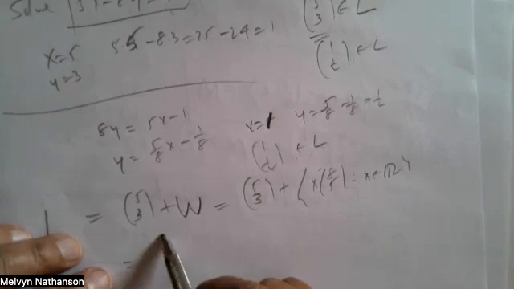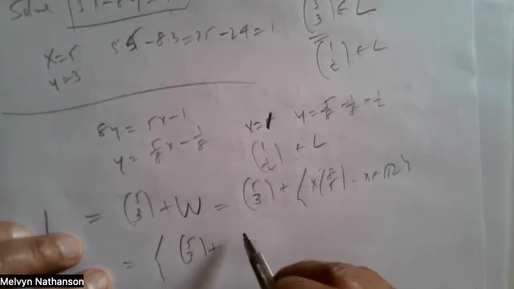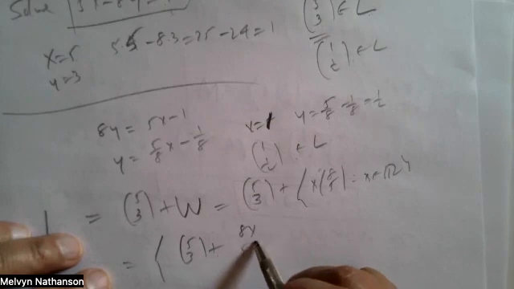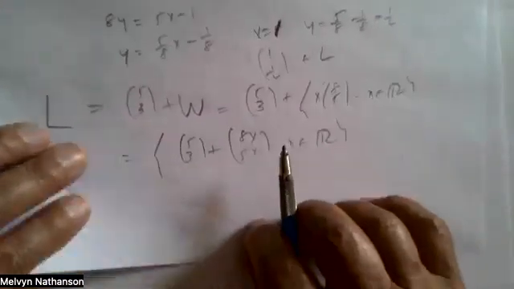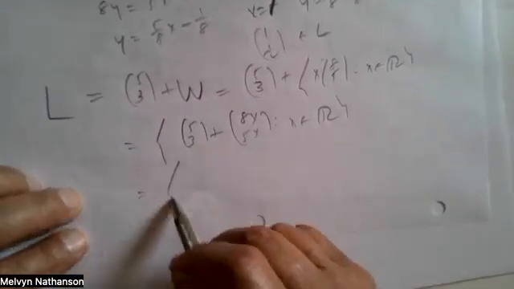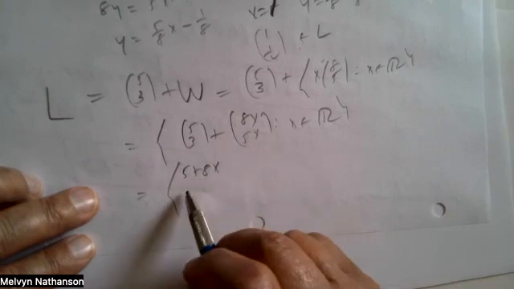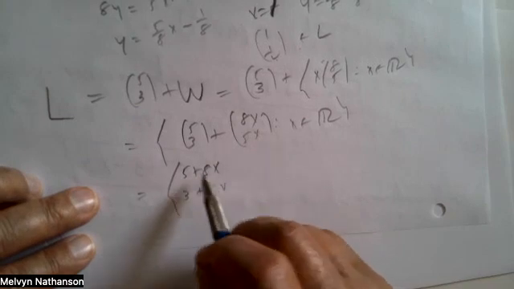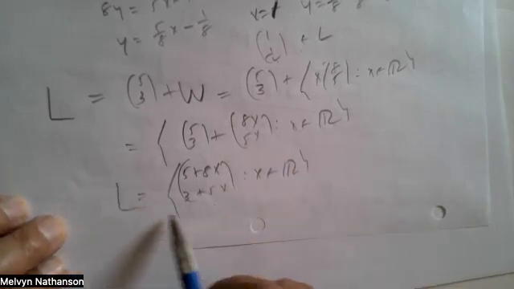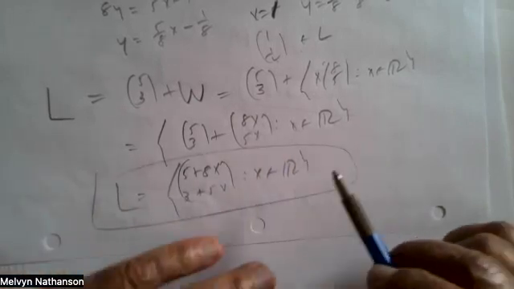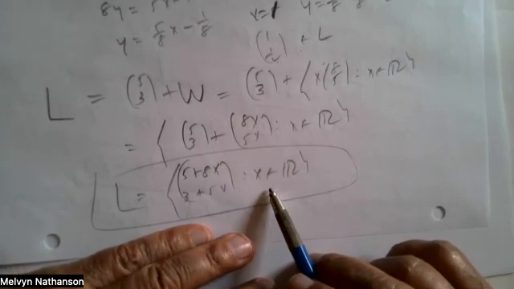So this is equal to the set of all vectors (5, 3) plus (8x, 5x) for x in R. Or I can write this as (5 plus 8x, 3 plus 5x) for any x in R. So you should be able to write every solution in this form.